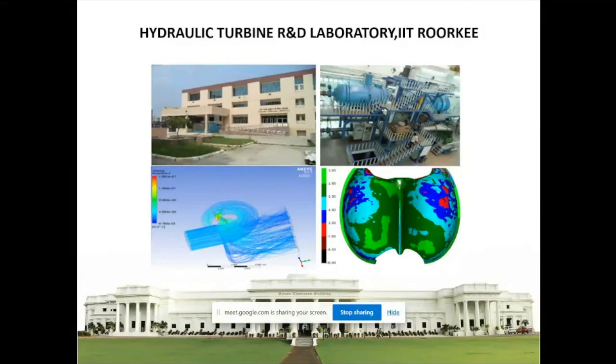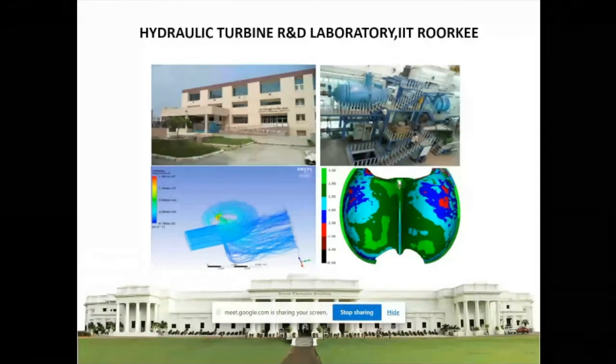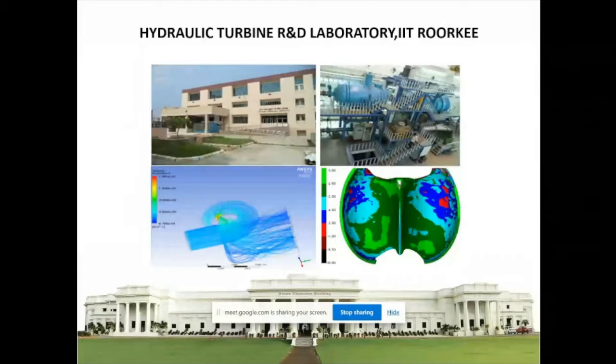So we have to make sure that whatever we are predicting through the CFD result and the model test result needs to be very precise. That's why in the model test we follow the IEC code, which gives the uncertainty in the efficiency value within 0.25% error.